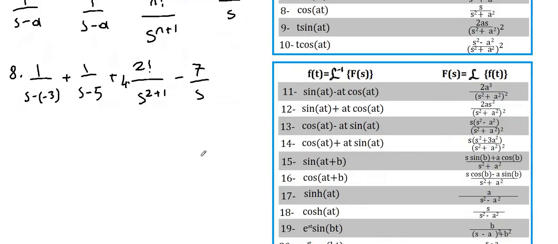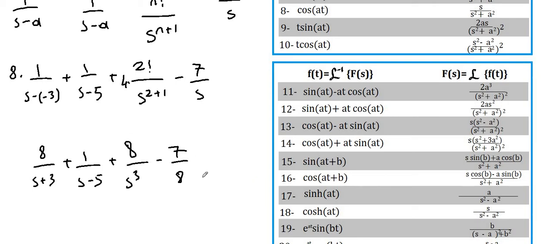Now we can simplify. So 8 over s plus 3 plus 1 over s minus 5 plus 4 times 2 factorial is 8 over s to the 3, minus 7 over s. So this is the answer.